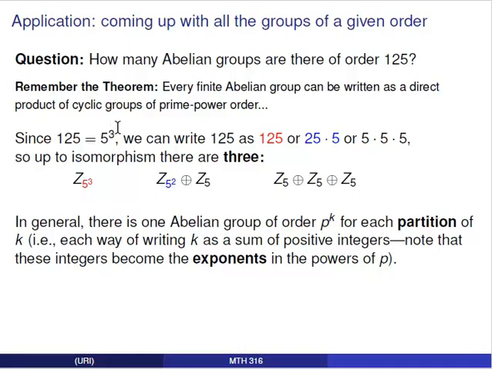We can either write 3 as 3, or we can write 3 as 2 plus 1, or we can write 3 as 1 plus 1 plus 1. And that told us how many 5s to include in each factor. The integers that we break the 3 up into become the exponents in the powers of 5 in the subscripts. We have 3, we have 2 and 1, and we have 1, 1, and 1.